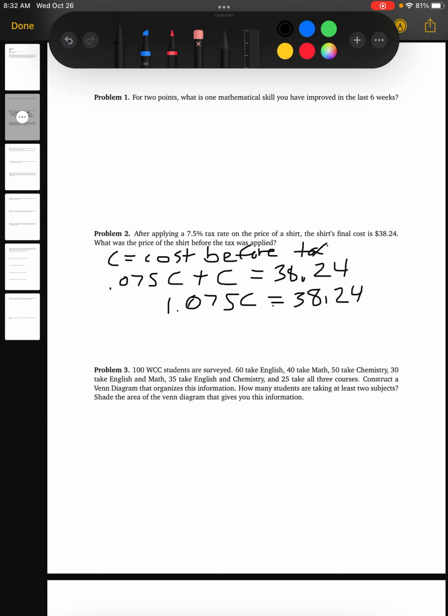If you divide both sides by 1.075, so you do 38.24 divided by 1.075 in your calculator, you get that the cost of the shirt is about $35.57.